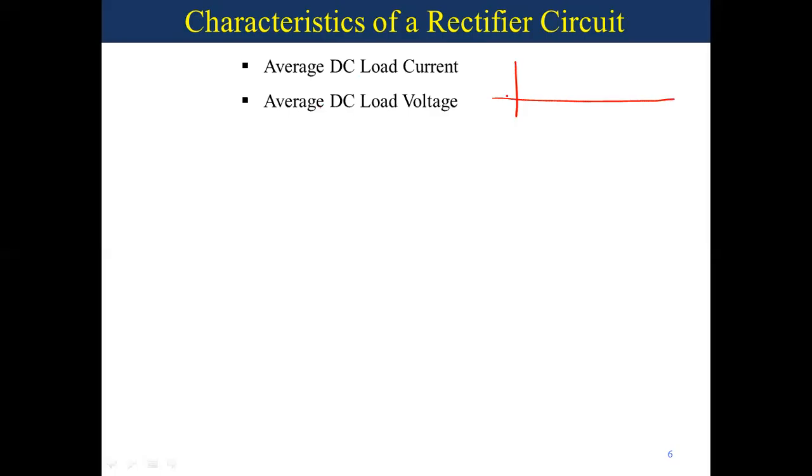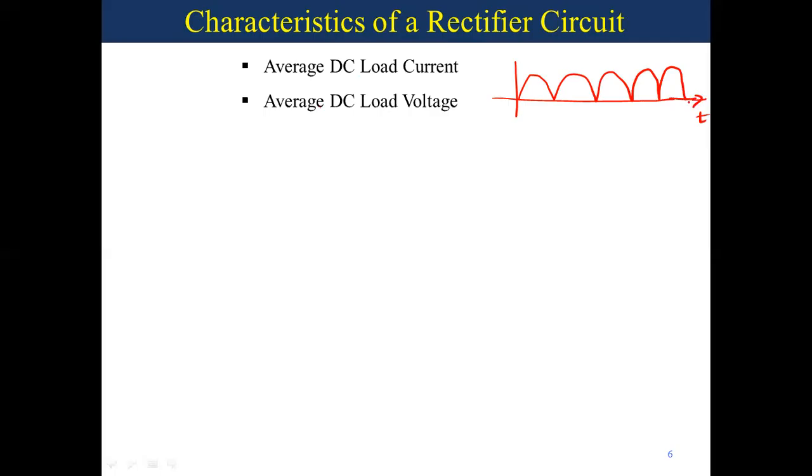Then coming to the characteristics of a rectifier, there are many characteristic parameters for a rectifier circuit. The first ones are average DC load current and average DC load voltage. I already told you the output of the rectifier is pulsating DC, which consists of so much AC component. It is unidirectional, but still time varying.